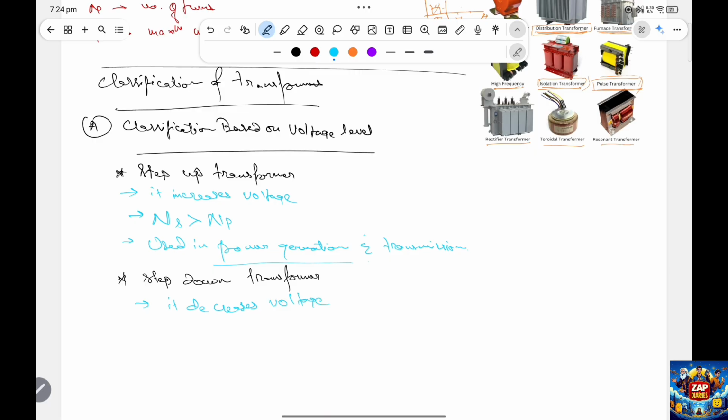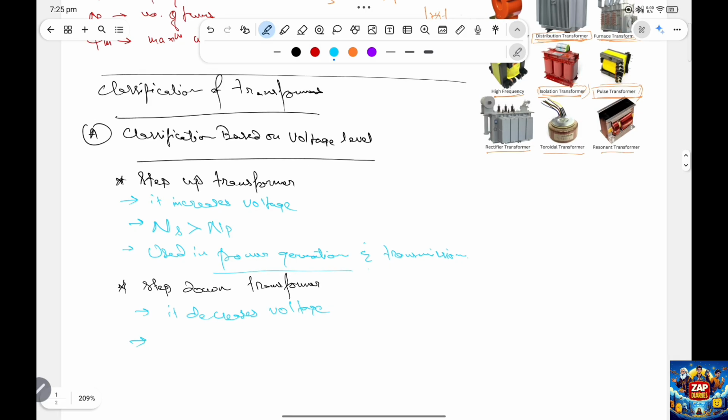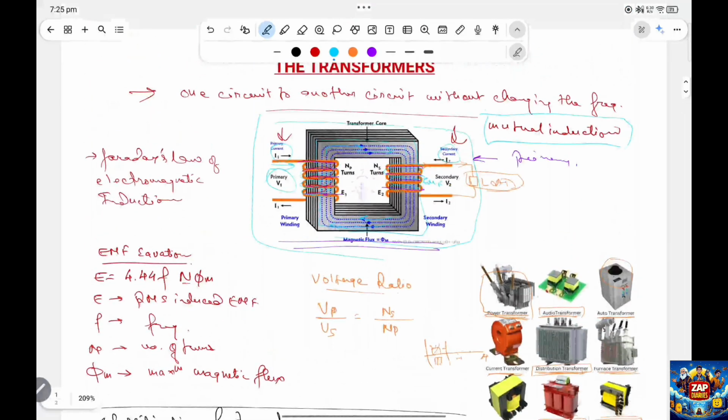Okay, how? Of course the number of turns. In this case, in the primary side it will have more number of turns, and in the secondary side it will have less number of turns, like this drawing.